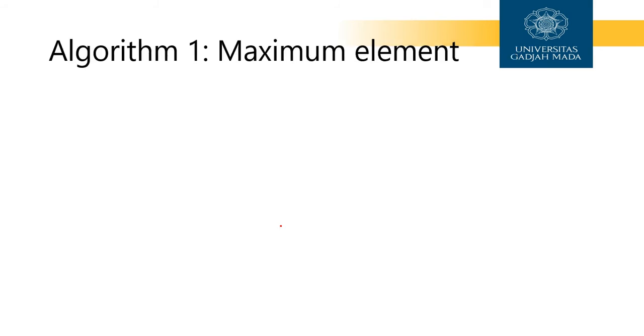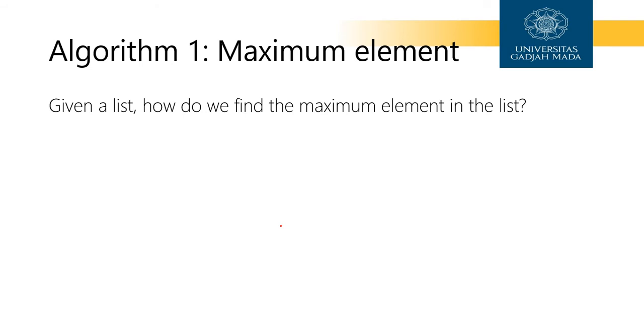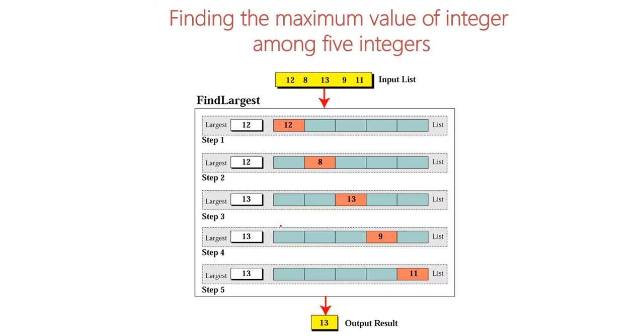For the first example, we try to create an algorithm for finding the maximum element of a list. Given a list like this one, the list consists of 12, 8, 13, 9, and 11. We try to find the largest number.